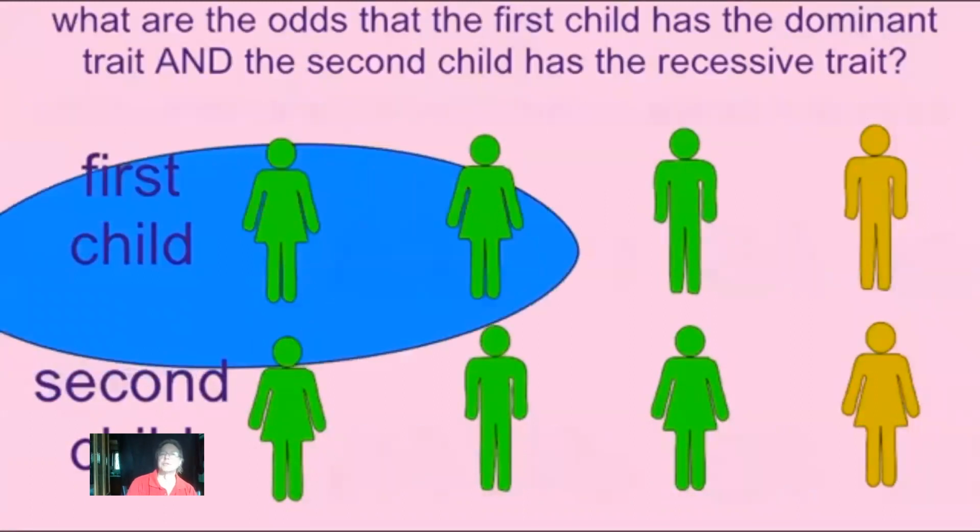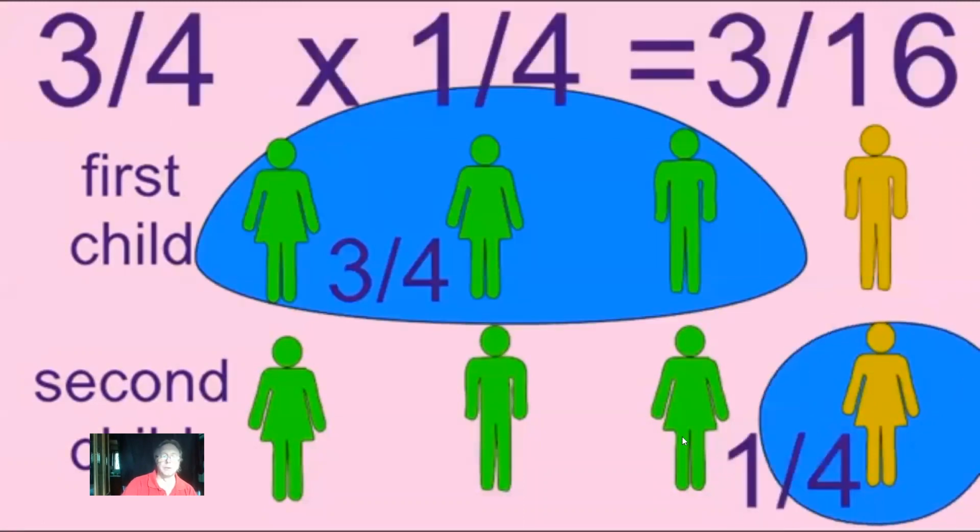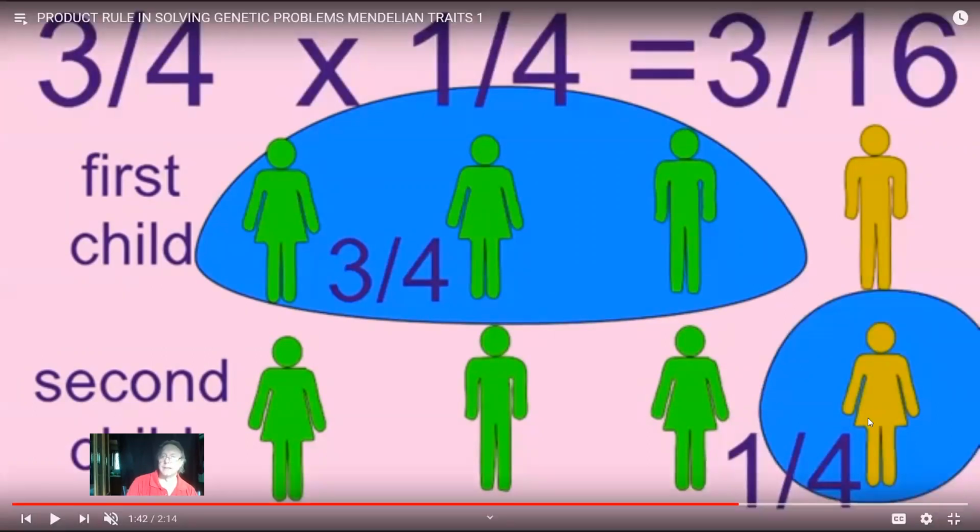What are the odds that the first child has the dominant trait and the second child has the recessive trait? Well, the first child having the dominant trait is 3 in 4, and the odds that the second child has the recessive trait is 1 in 4, so the odds of this would be 3/4 times 1/4, which would be 3/16.